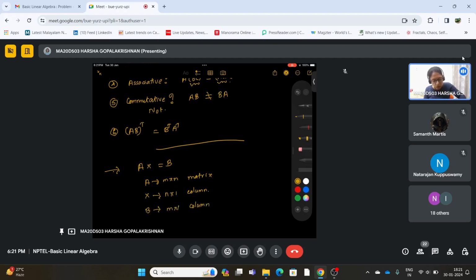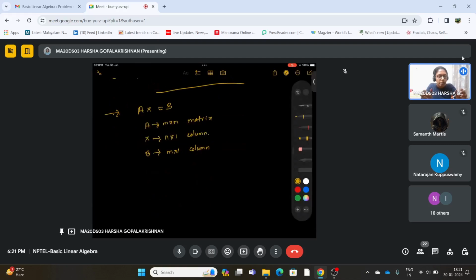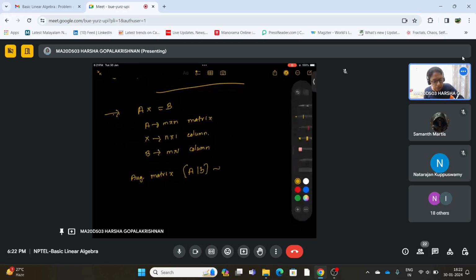Now in order to find the solution of the system, we will take the augmented matrix A, B. We will write A, and just to the right of it we will attach B also. Now we will simplify it into a simplified matrix form using some row operations.